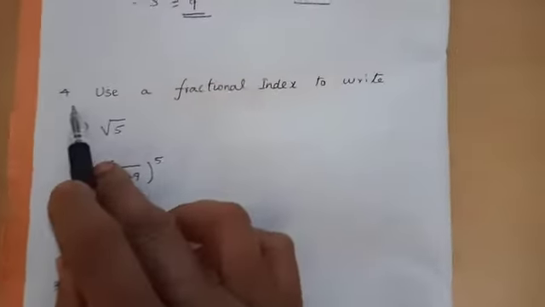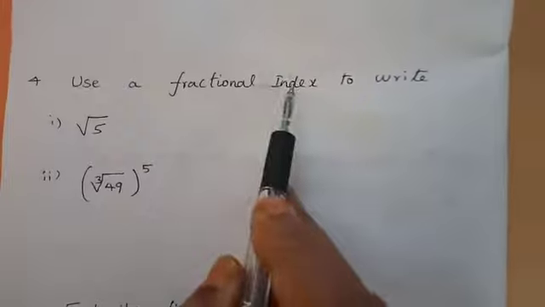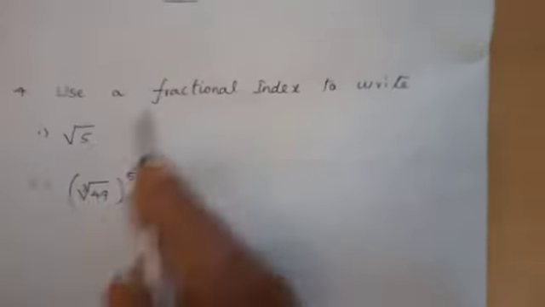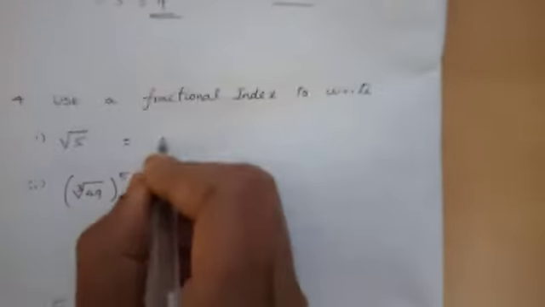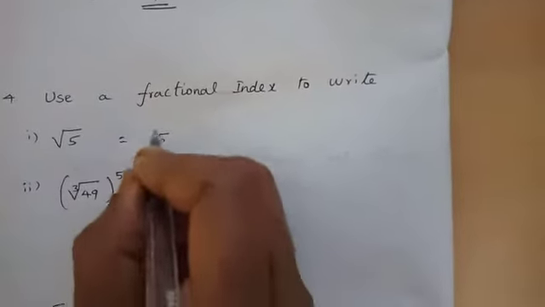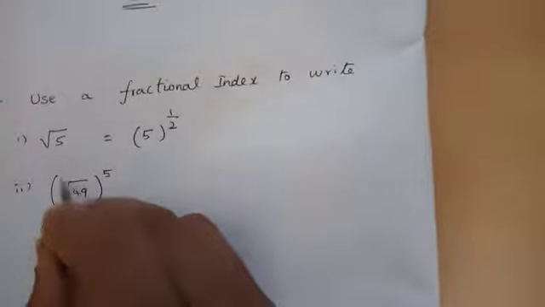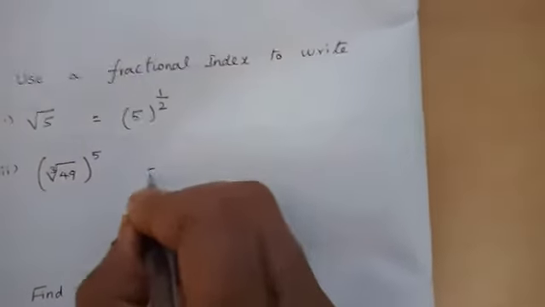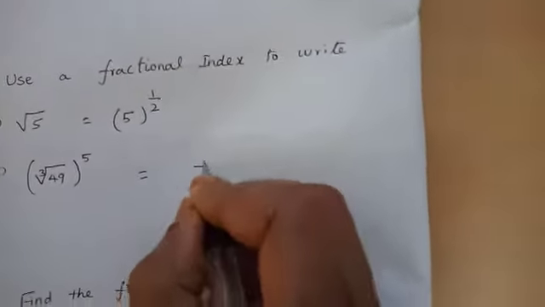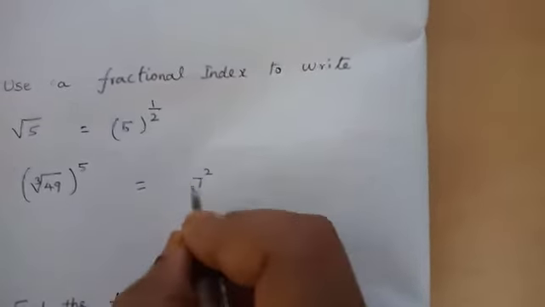Next, fourth question, use a fractional index to write root 5. Root 5 is the square root, so we write it as 5 to the power half. Next, the cube root of 49. So 49 we write as 7 squared.